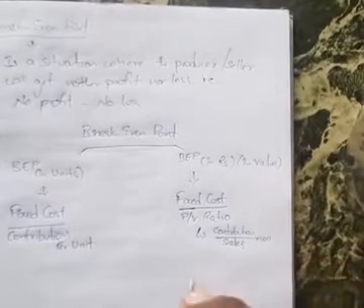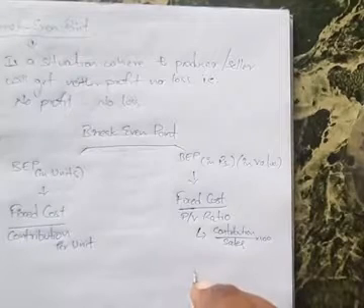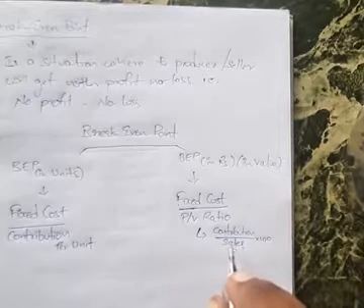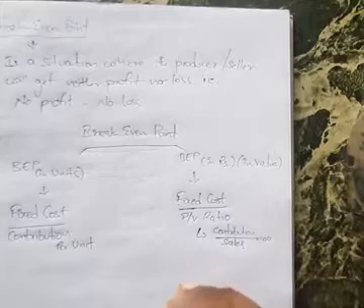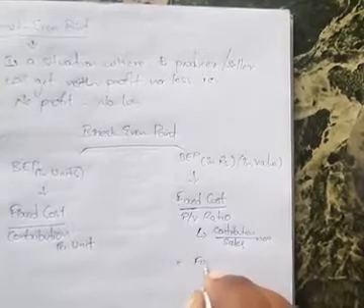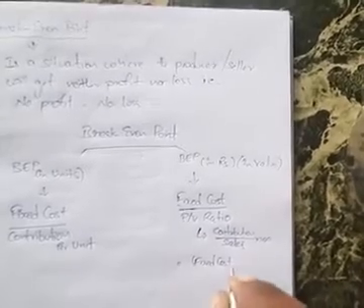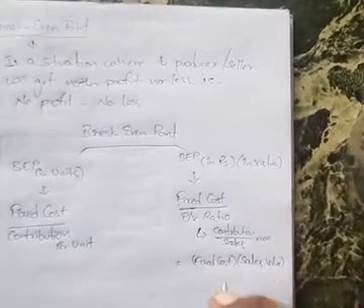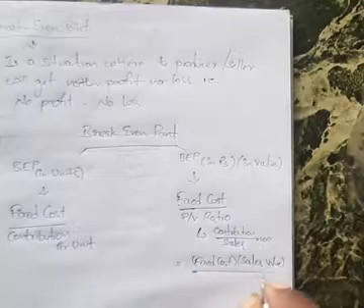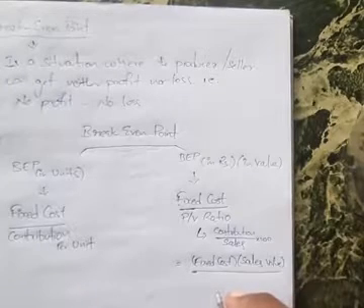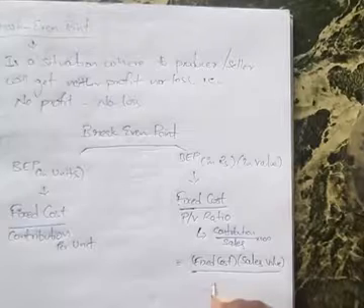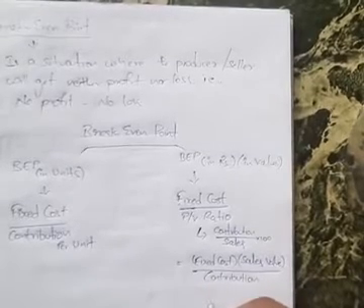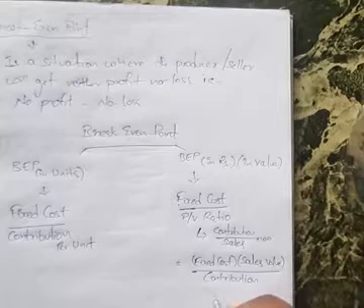So the sales will go to the upper position, and the formula could be fixed cost multiplied by sales value divided by contribution, that is sales minus variable cost.